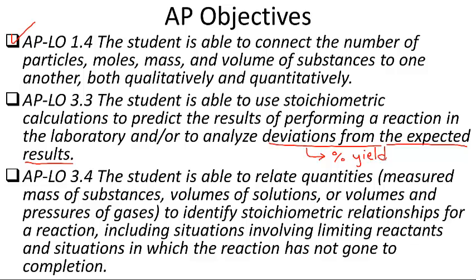The theoretical yield is your expected result, and then percent yield would tell you how far you deviated from it. We talked a little bit about how if you got greater than 100% yield, probably the explanation for that is impurity in your product. So I think that covers that objective.